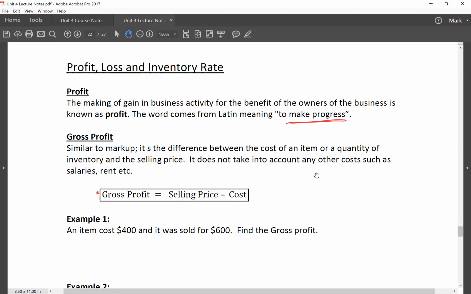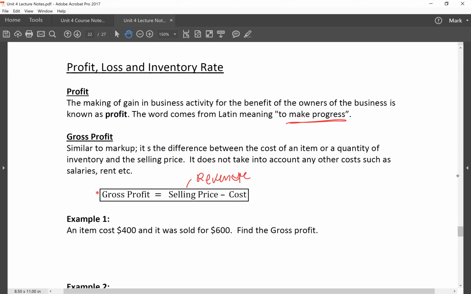Another word is, you would call this kind of revenue. Revenue, sorry, my U looks weird there. The gross profit is like all the stuff that you sold, the money you made minus the cost of that item.